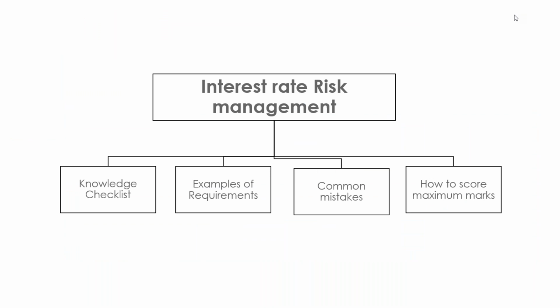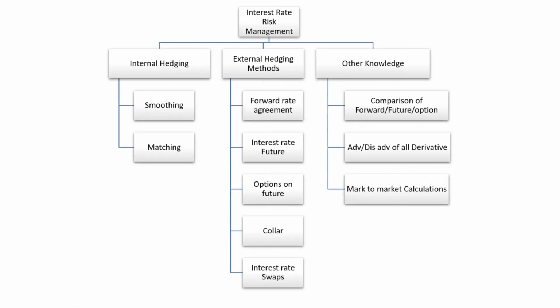Let me cover this quickly, then we will solve a question on it. We are going to cover the checklist, examples of requirements, common mistakes, and how to score the maximum marks. Interest rate risk management includes internal hedging, smoothing, and matching. What is smoothing? Smoothing is if you take half of your loan at a fixed rate and half at the floating rate.